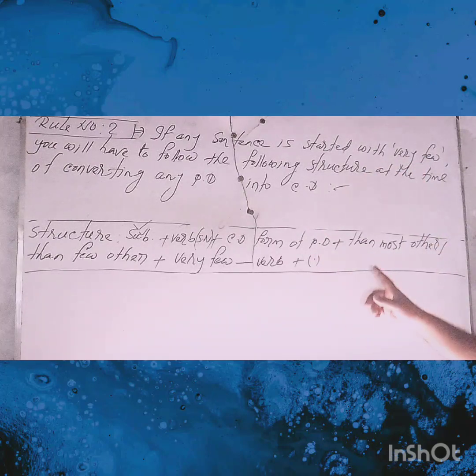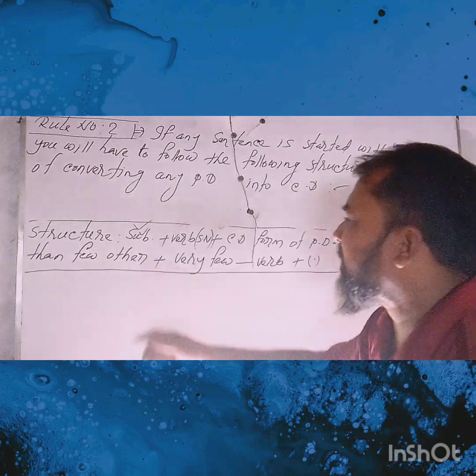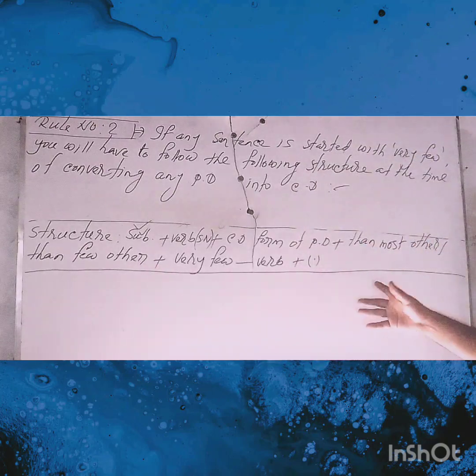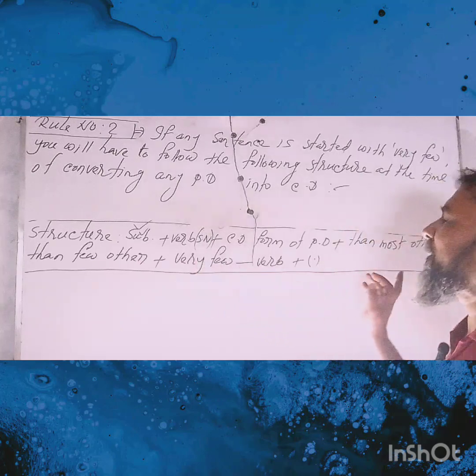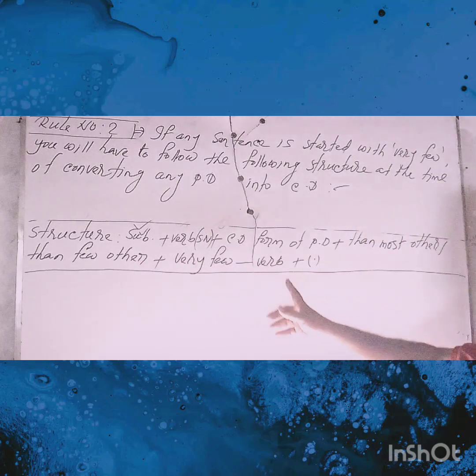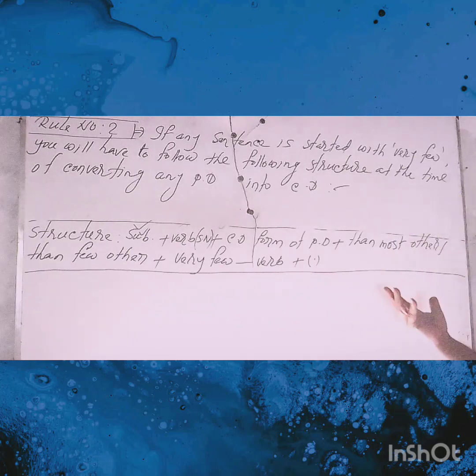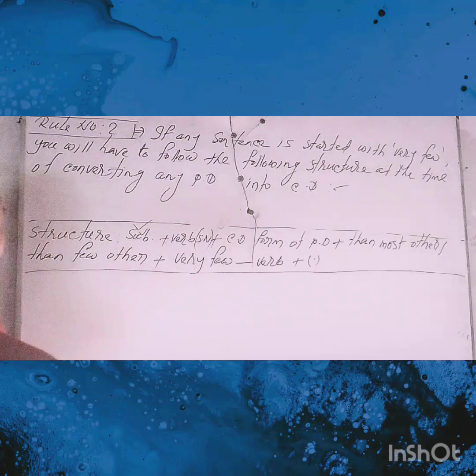Then you will write either "than most other" or "than few other", same meaning words, no problem. Then write down the portion after "very few" to the verb, and finish the sentence with a full stop. My dear learners, I hope you have understood clearly. So take a look at the board and try to understand whatever I want you to understand.